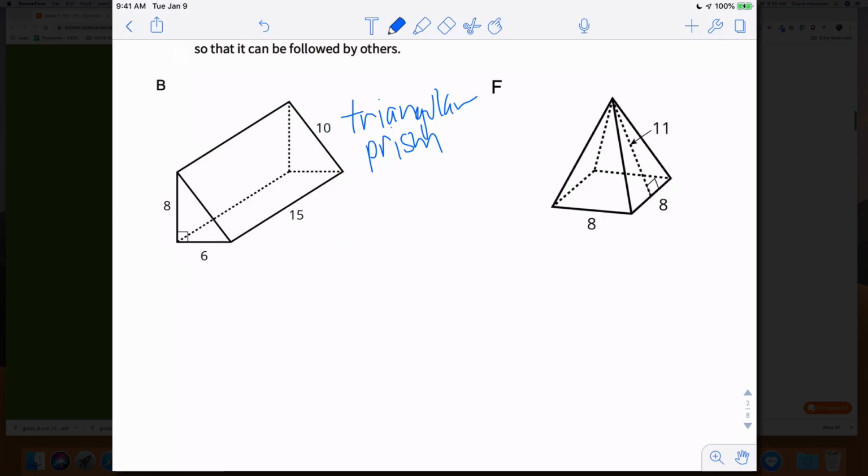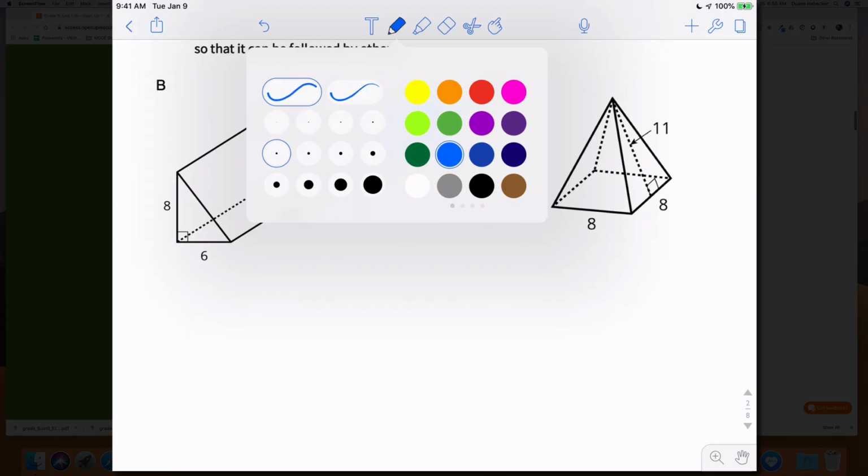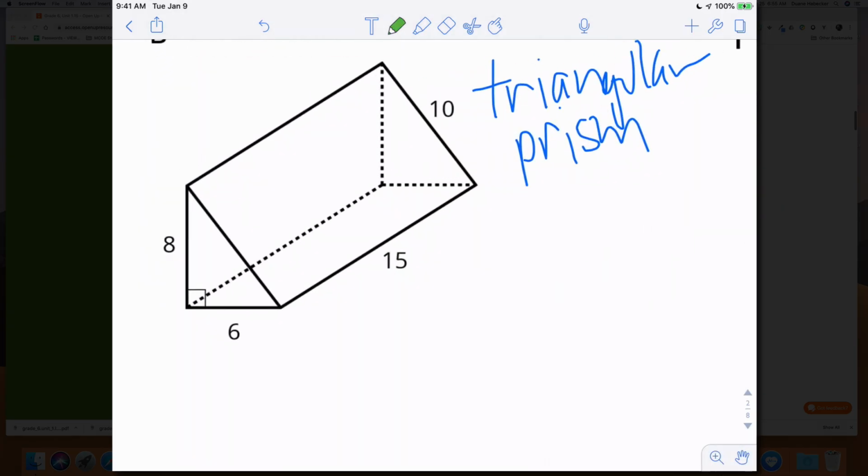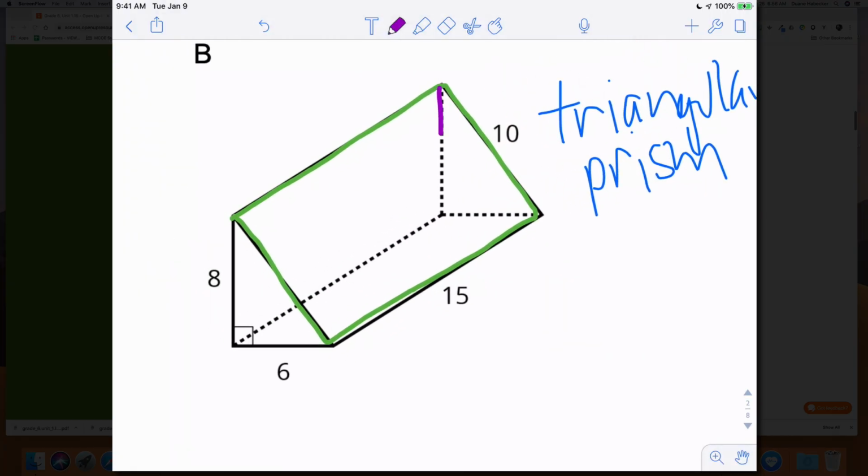And we want students to be saying things like, I see a rectangle right here that is 10 by 15. And then they might say, but then if that's 10 by 15, I see another rectangle way back here. And what are the dimensions of that rectangle? And let students grapple with it.